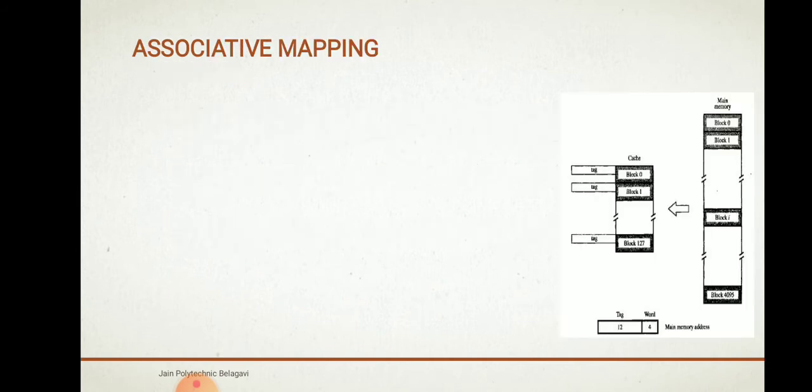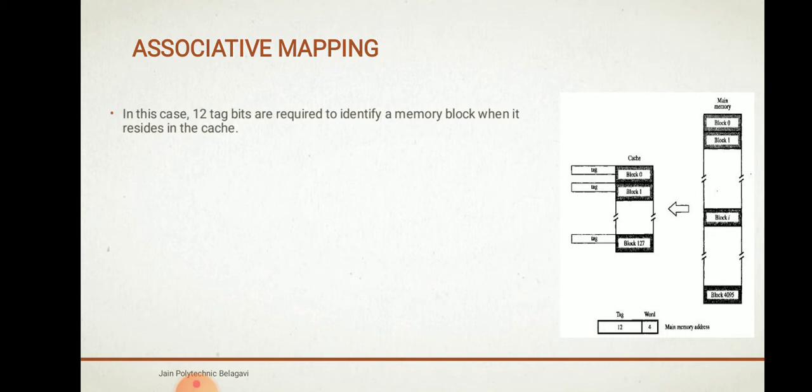Now the next type of mapping is associative mapping. This diagram shows how associative mapping works. In this case, there are 12 tag bits used to identify a memory block when it resides in the cache. These tag bits identify which block of the main memory it belongs to.